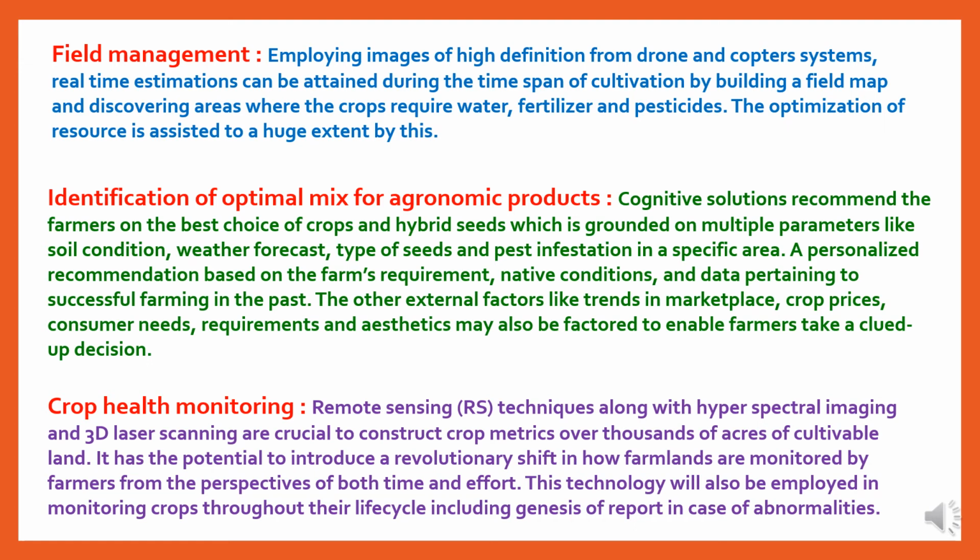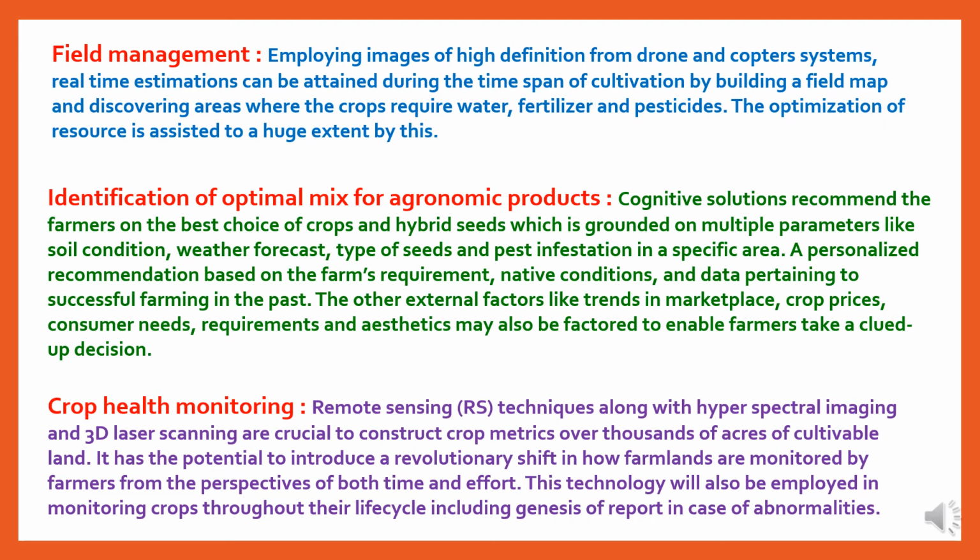A personalized recommendation based on the farm requirement, native conditions, and data pertaining to successful farming in the past. Other external factors like trends in the marketplace, crop prices, consumer needs, requirements, and aesthetics may also be factored in to enable farmers to take an informed decision.